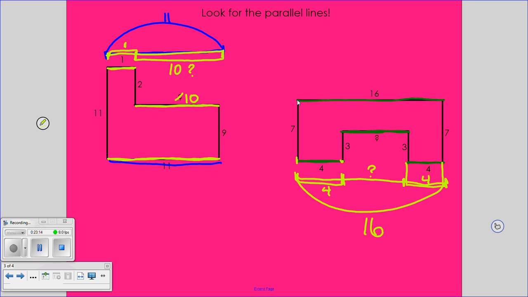Do I want 13? So it's not 5. Alright, let's try 8. What's 8 plus 4? 12 plus another 4, 16. Does that work? Yes. Alright, so our question mark is 8.